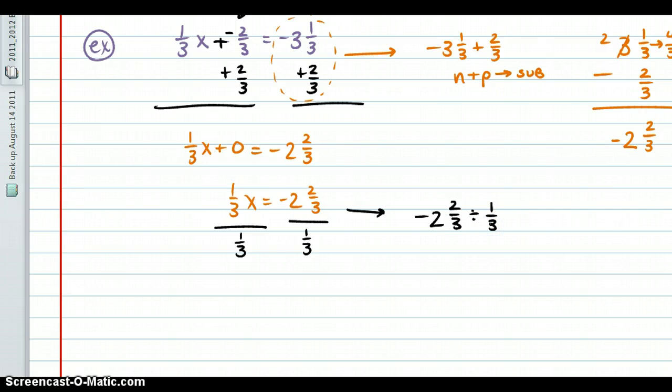We've practiced this a lot in class. When you do this math, go ahead and make an improper fraction. We get -8/3 times 3/1. It works out really nicely. I'm glad we're not trying to work with repeating decimals here. And we get -8. x equals -8. That is, in fact, the solution. We can go back and check it.